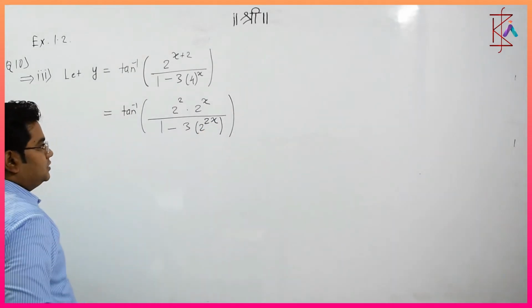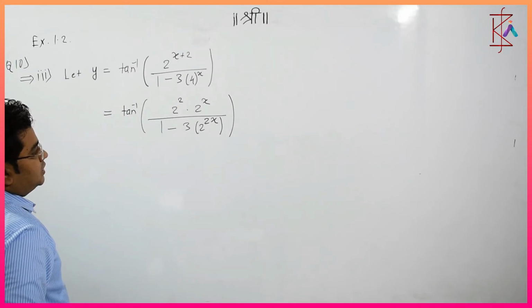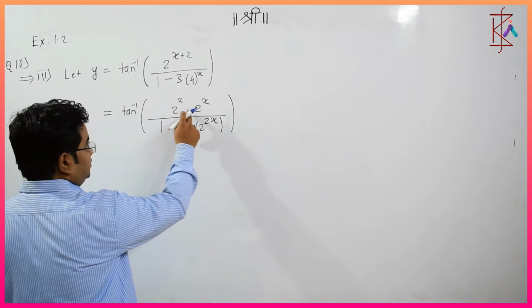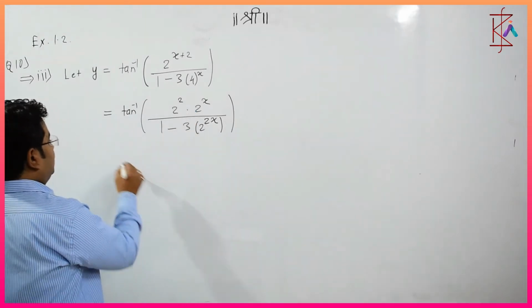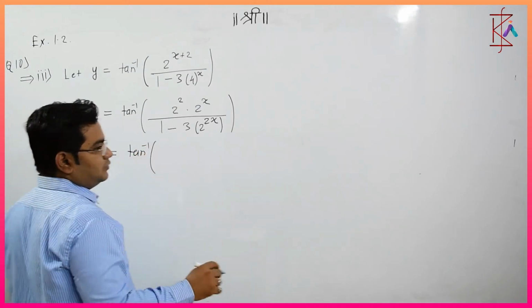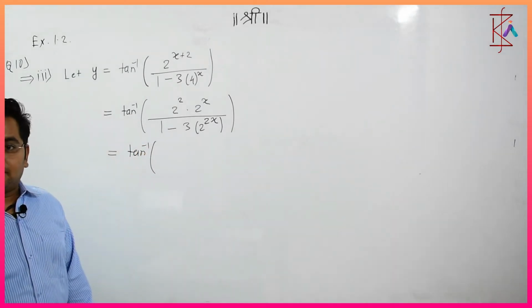Now how is this possible? 2 raised to 2x, we need to separate it again, but I am not separating it here. I am just showing you how we can solve this kind of query. Knowing the thing and going to the exam are different.